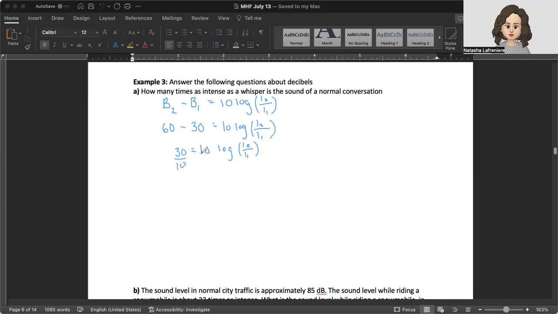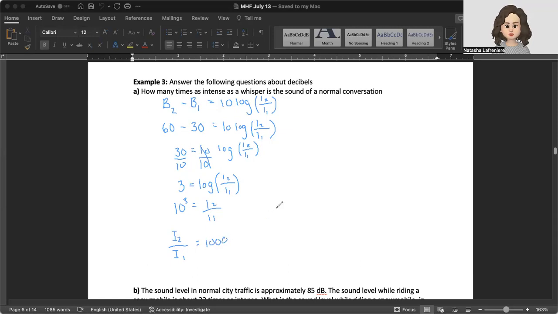We're going to divide both sides by 10. That cancels that out. This is equal to 3 is equal to log. Okay. And so your I2, I'm going to actually write this as an I here, will be equal to 1,000.